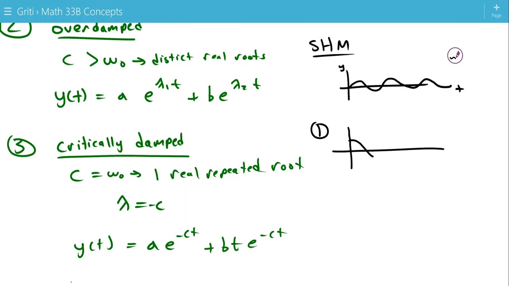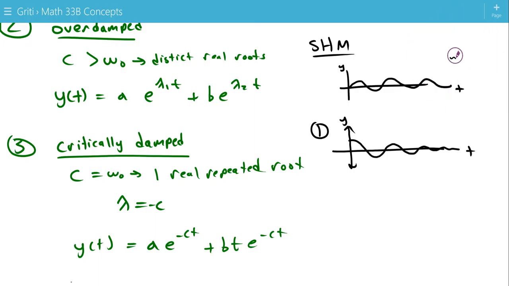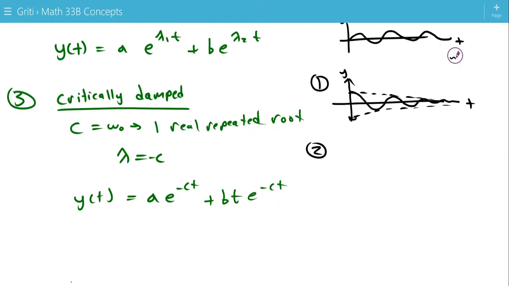We'll be oscillating, but our oscillations will decrease over time. And they follow this exponential curve. The amplitude does, that approaches 0.